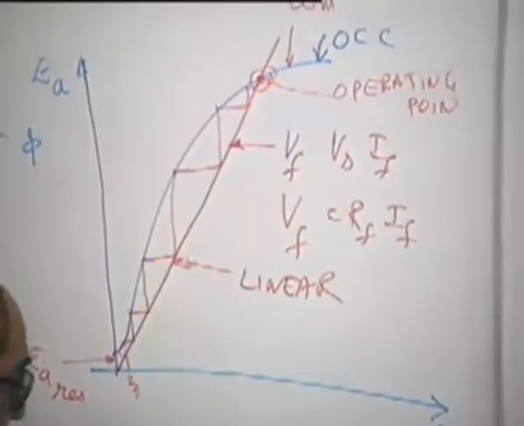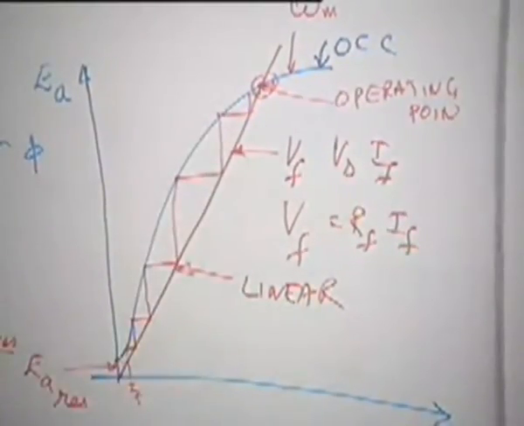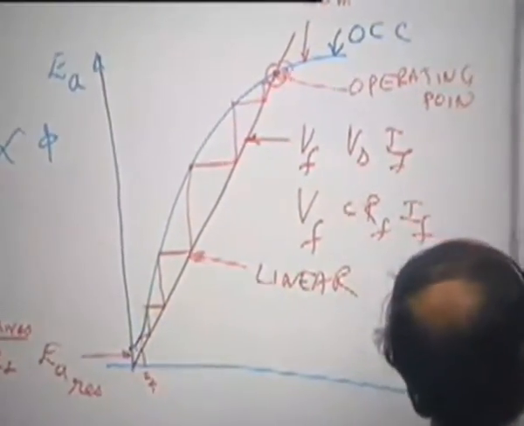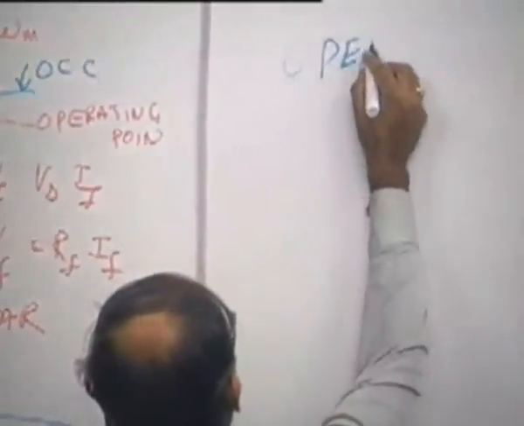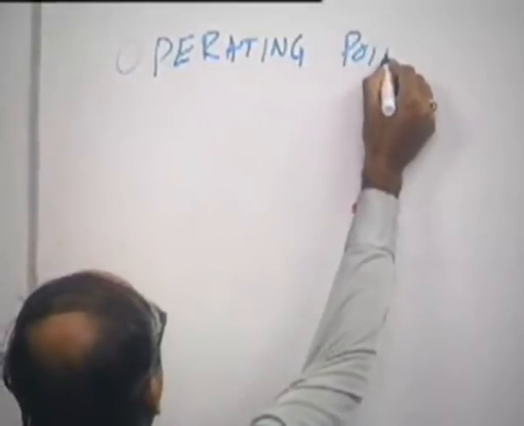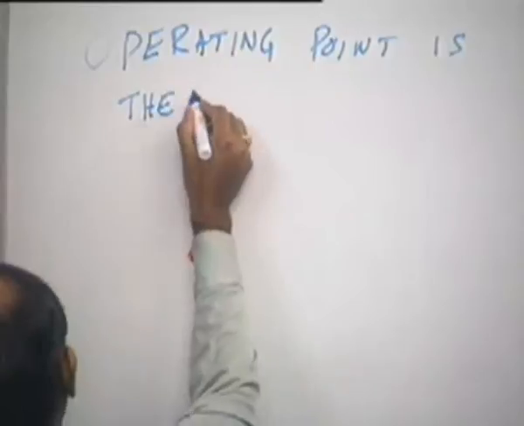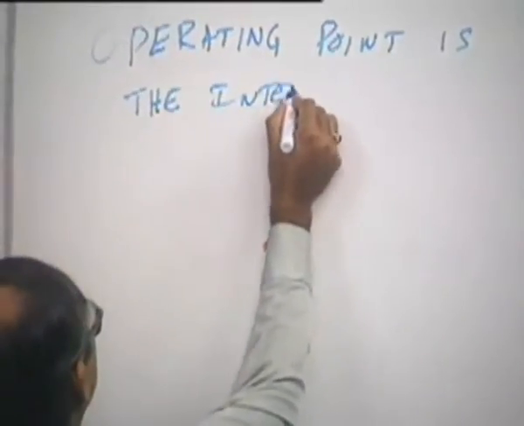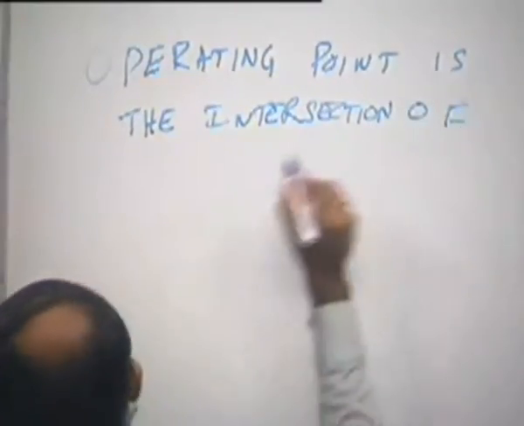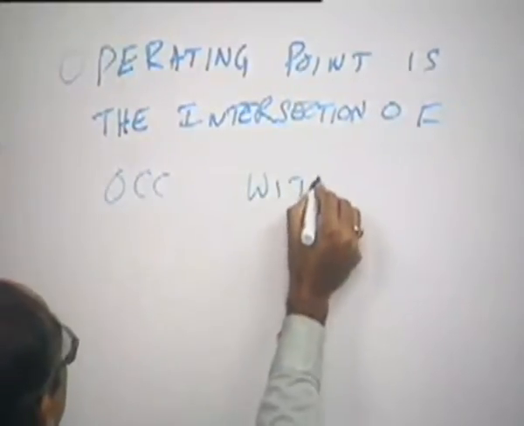So the operating point is the intersection of the OCC with this field resistance line, the RF line.